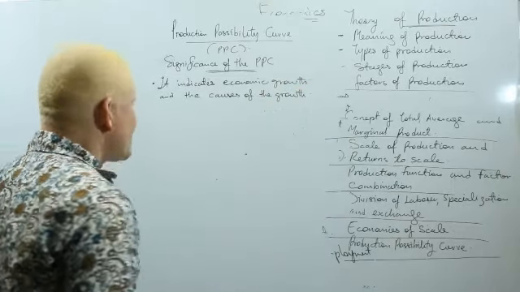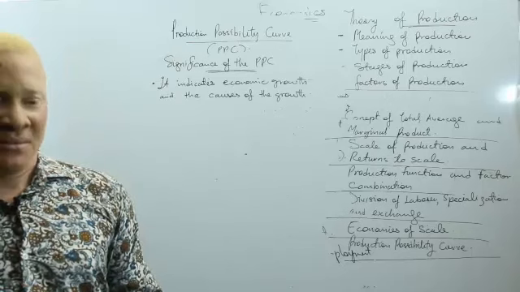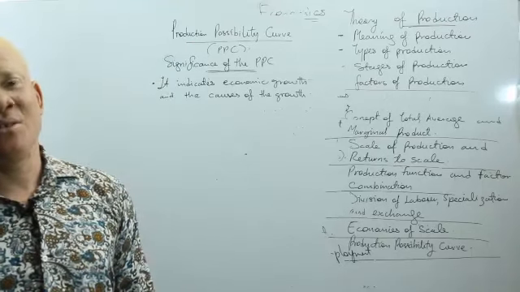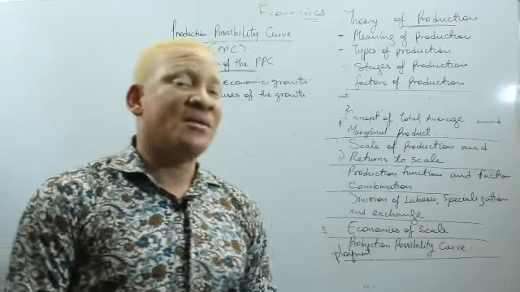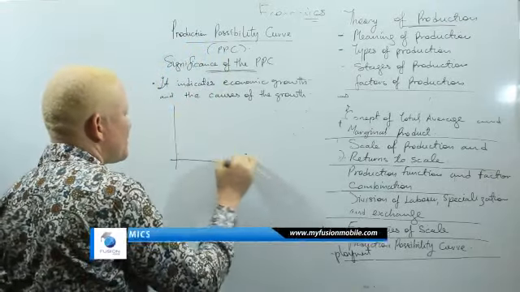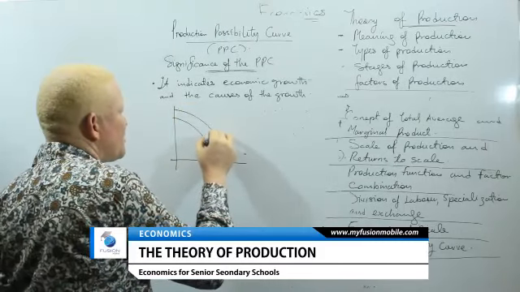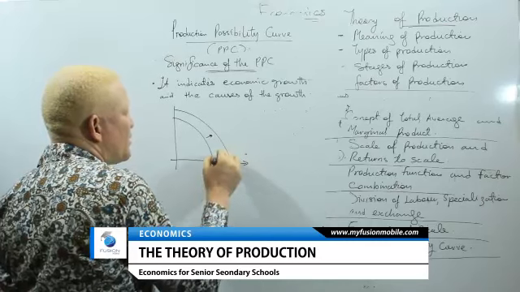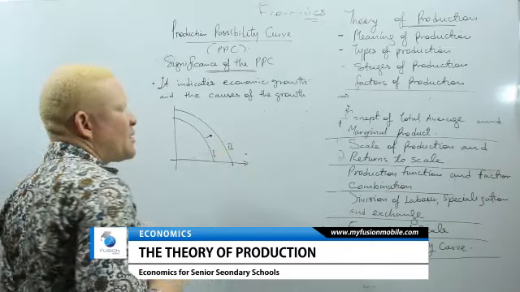The PPC shows economic growth when there's a shift of the PPC. So the economic growth is indicated by an outward shift of the production possibility curve like this. Let's say I have this PPC, and it moves from point 1 to point 2. Then there's an economic growth.